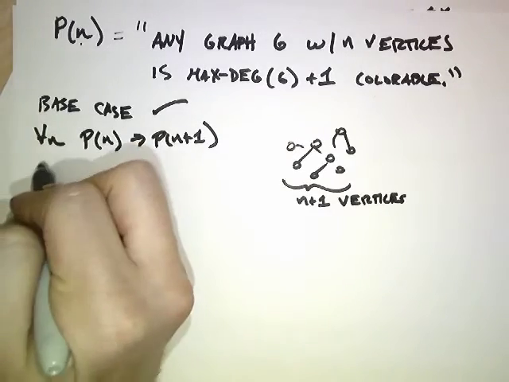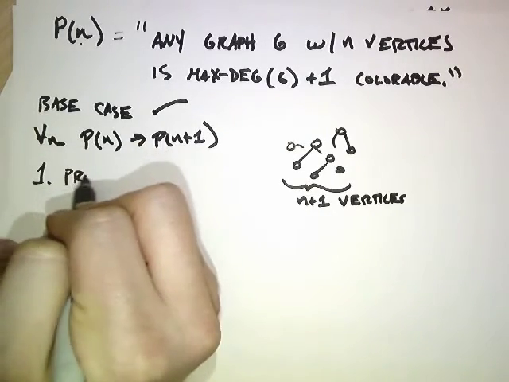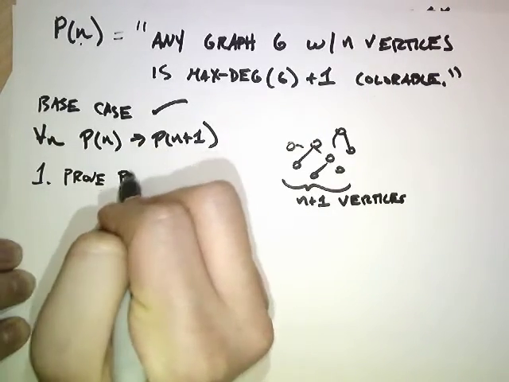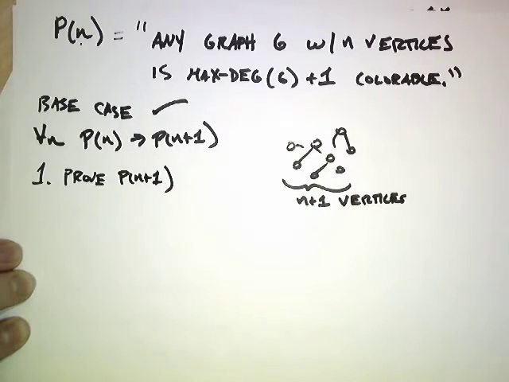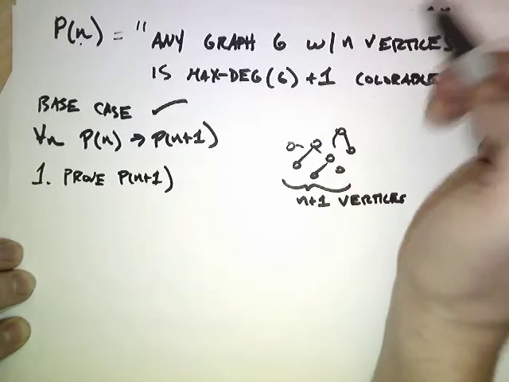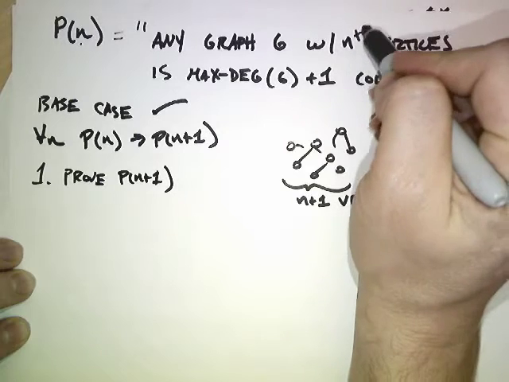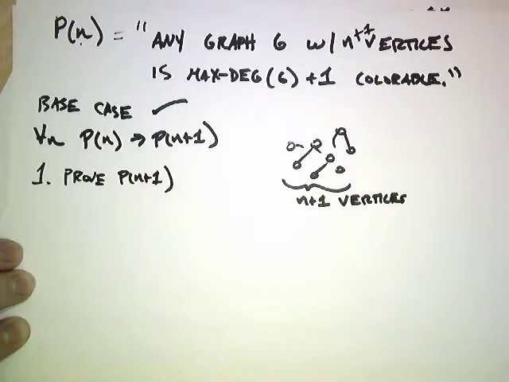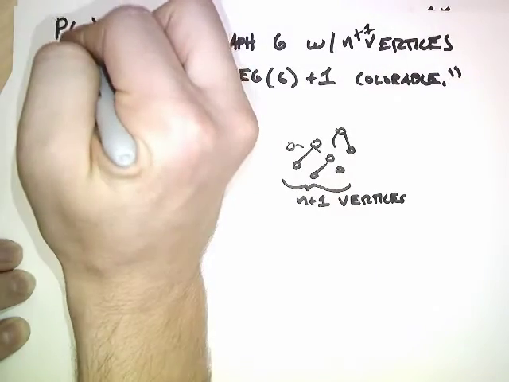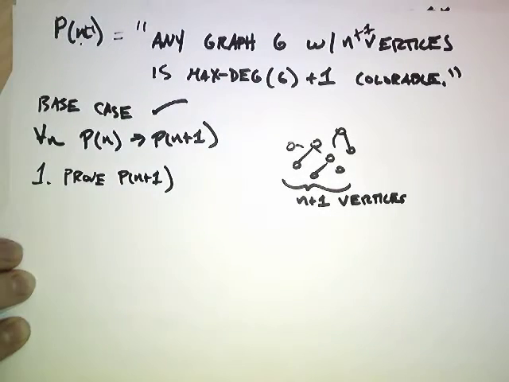Okay, so step 1, remember we need to prove P of n plus 1. P of n plus 1 is: any graph G with n plus 1 vertices is max degree G plus 1 colorable. This is P of n plus 1. And we get to assume P of n is true.